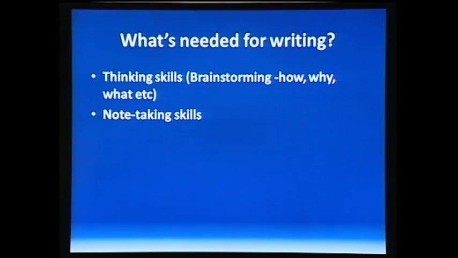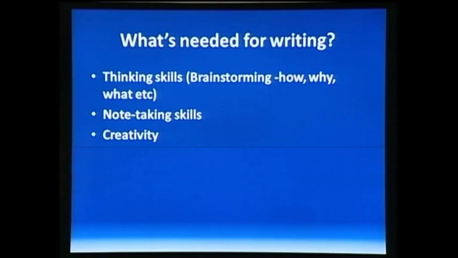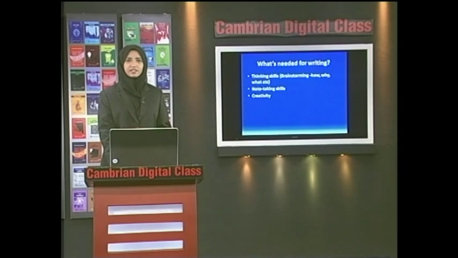Do you know how to make notes? If we are to write a final draft, we have to make notes, okay, of what we are going to write. And then third comes creativity. Are you creative enough? Of course, we have to be creative enough when we want to give our writing a good flow. Okay? Feel free to use your own creativity while writing.